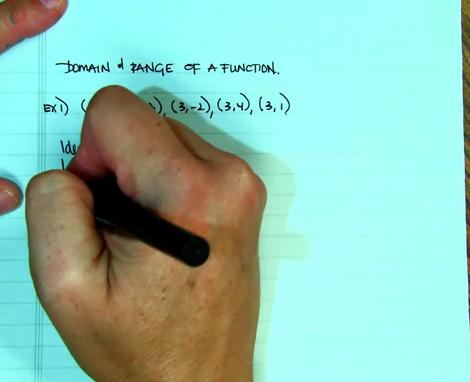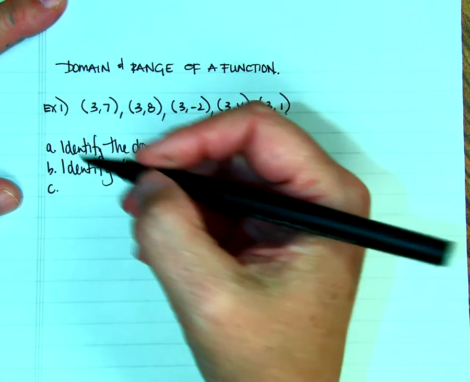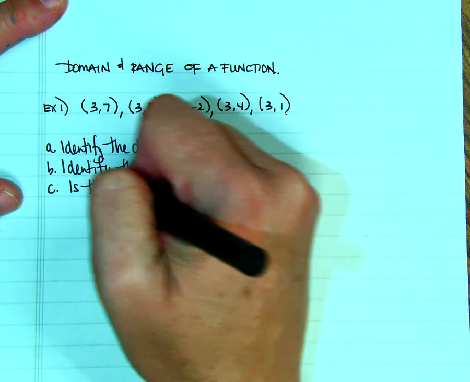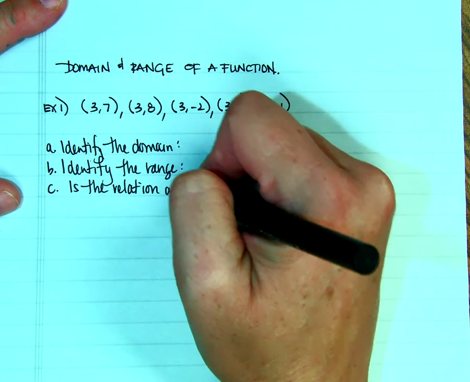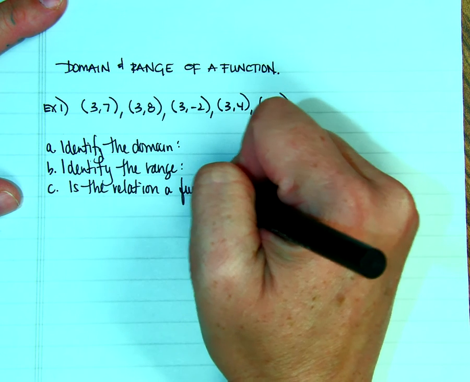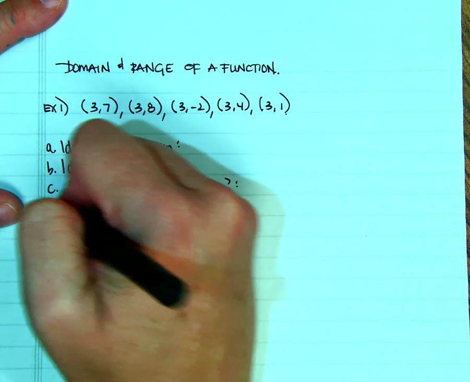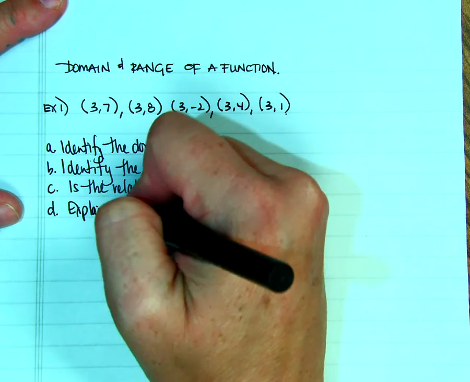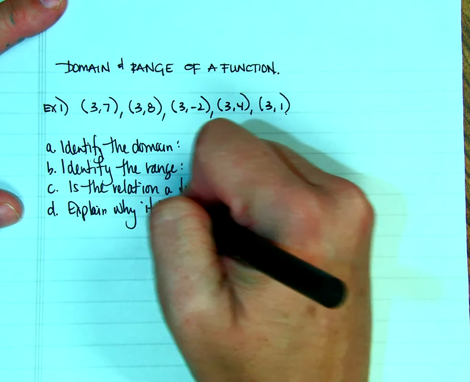I'm just going to put these as parts A, B, C. Part C, we're going to determine, is the relation a function? And we're going to explain why it is or isn't a function.